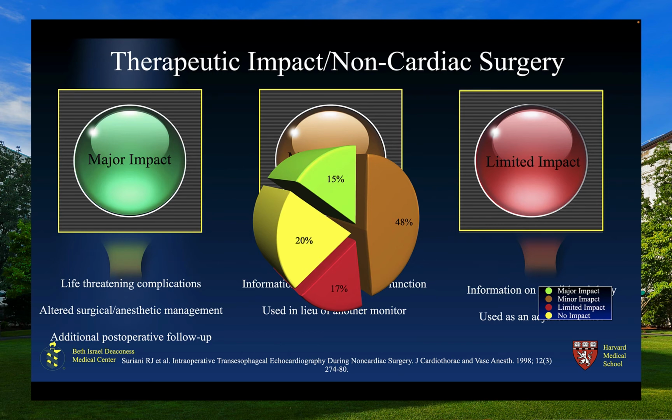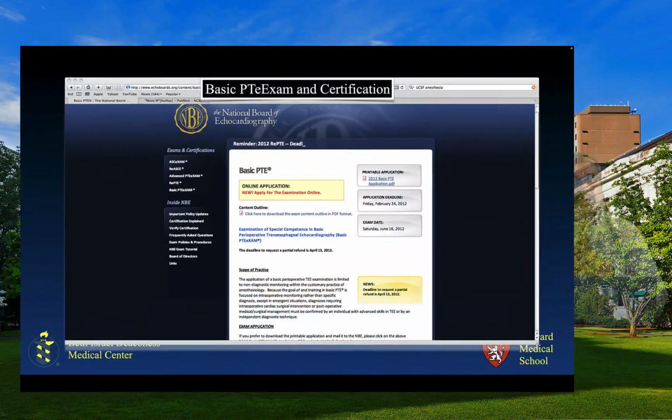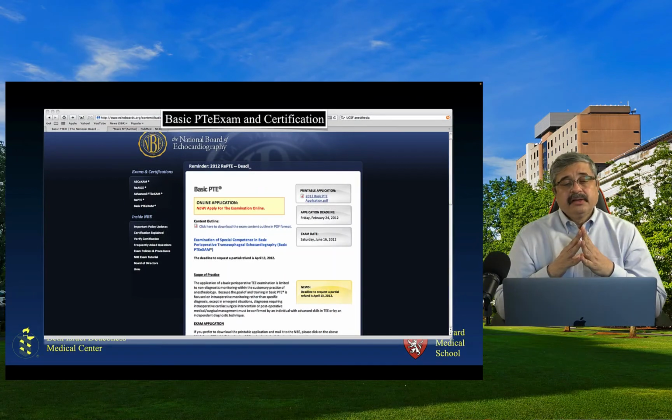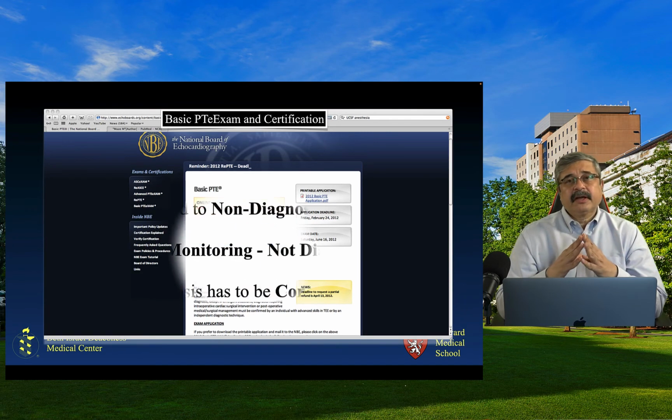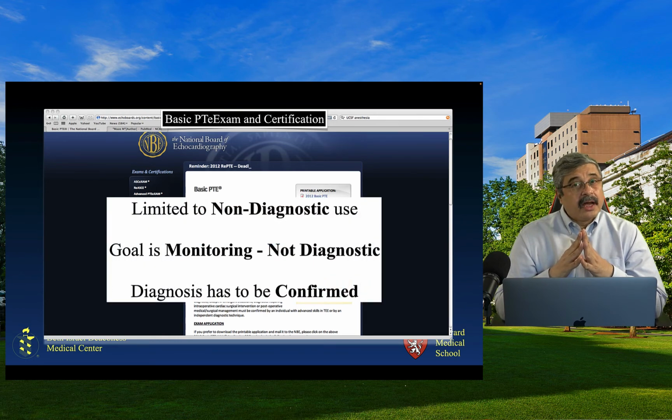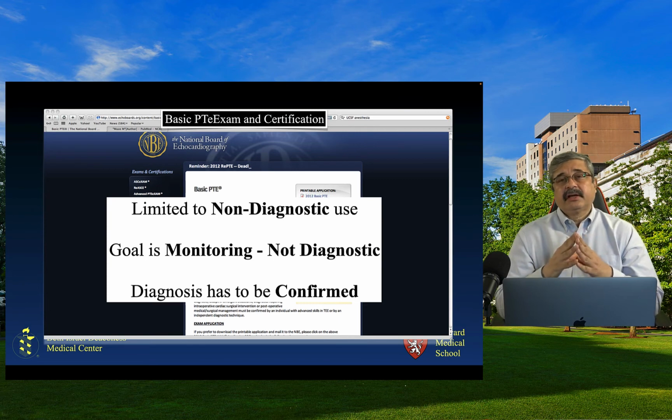So based on these findings on the utility of transesophageal echo in non-cardiac surgery, the National Board of Echocardiography has started the basic perioperative transesophageal echocardiographic examination, which has its own certification. However, the difference from advanced certification is that it is limited to non-diagnostic use, and the goal is monitoring and not diagnostic.